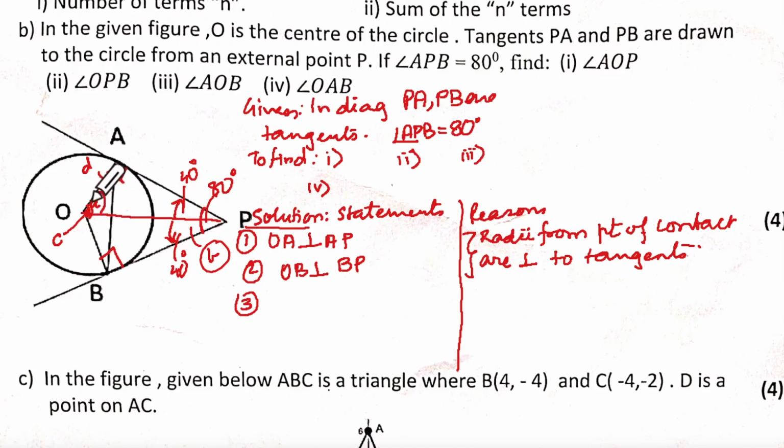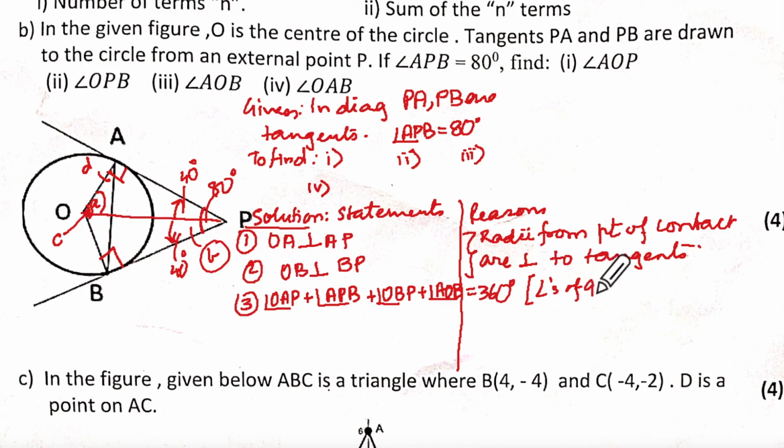Okay, so I will say angle OAP plus angle APB plus angle OBP plus angle AOB equal to 360 degrees, and the reason is going to be angles of quad, means quadrilateral, add up to 360 degrees. Correct?